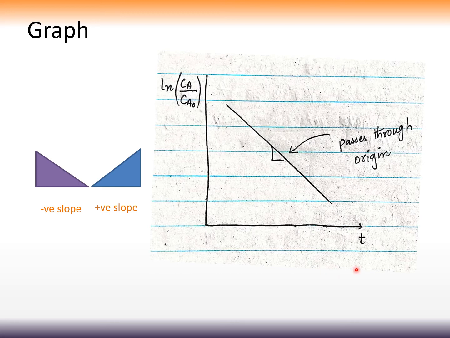And if we have a slope whose line lies in the first and third quadrant, this slope is positive. So if we have t on the x-axis and ln C_A over C_A0 on the y-axis, we have formed such a graph from equation number 1 whose slope is negative, and this line passes through the origin from the second to the fourth quadrant.